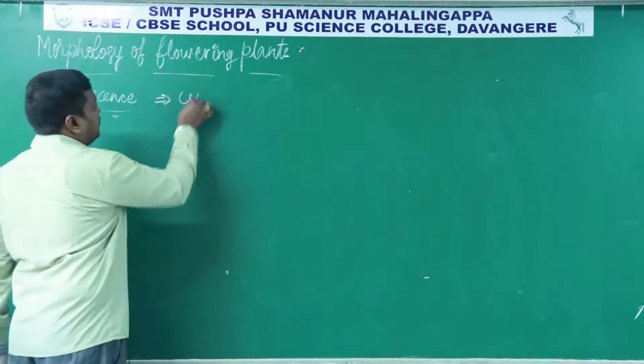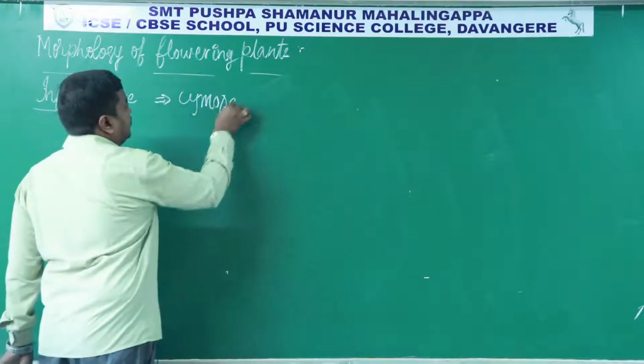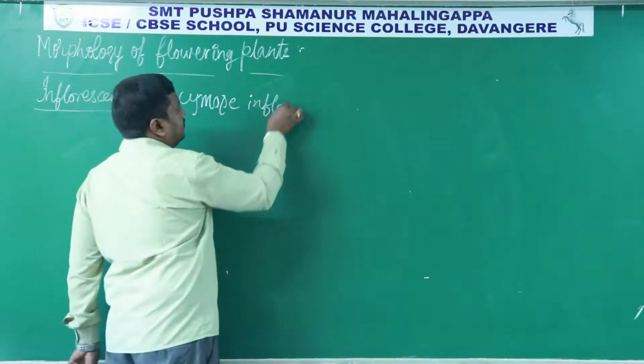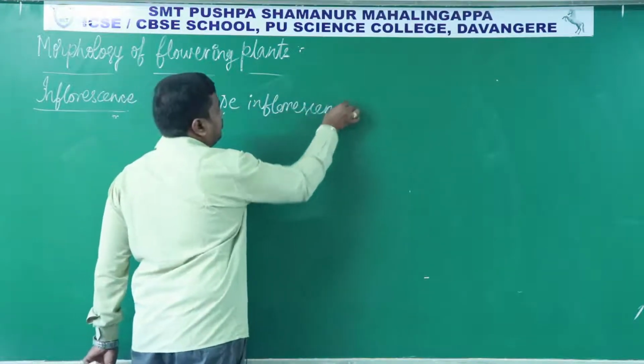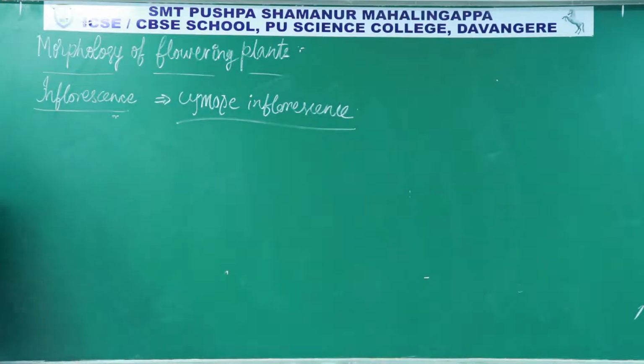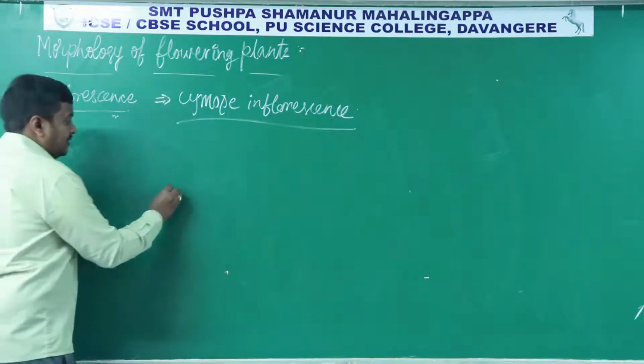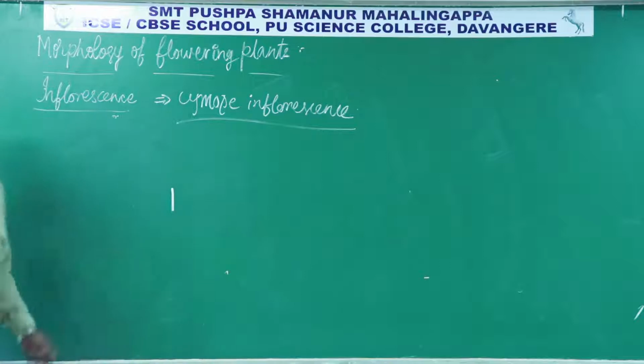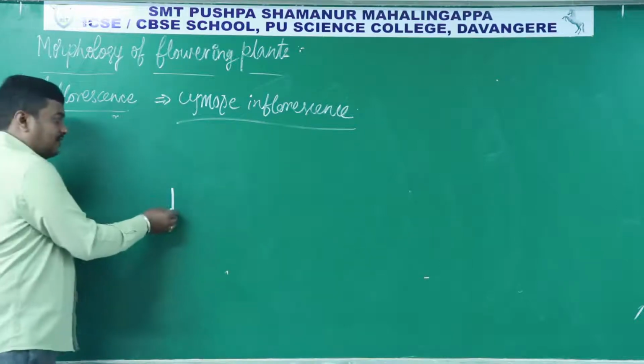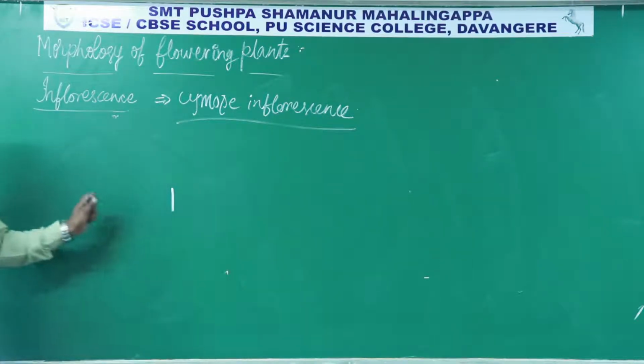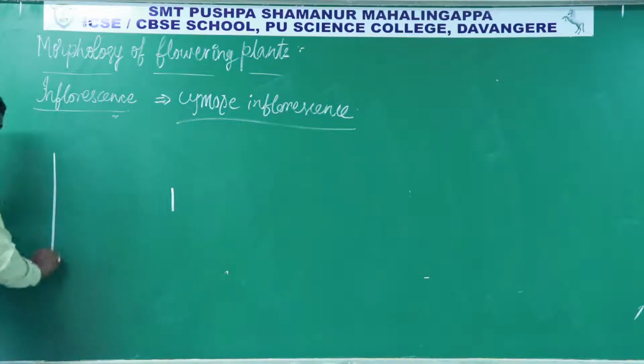Next is cymose inflorescence. Cymose inflorescence is opposite to the racemose inflorescence in the way. Here is the inflorescence axis, you can observe that the inflorescence axis is very short here. I wrote the inflorescence axis for racemose like this.